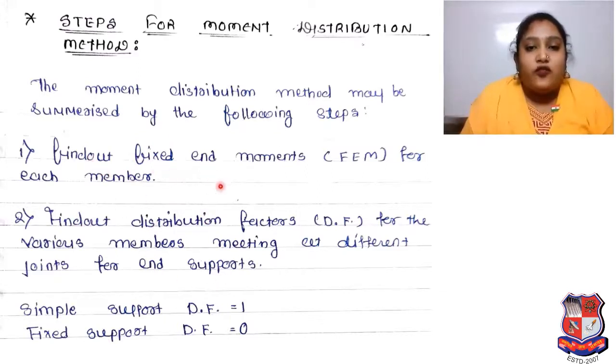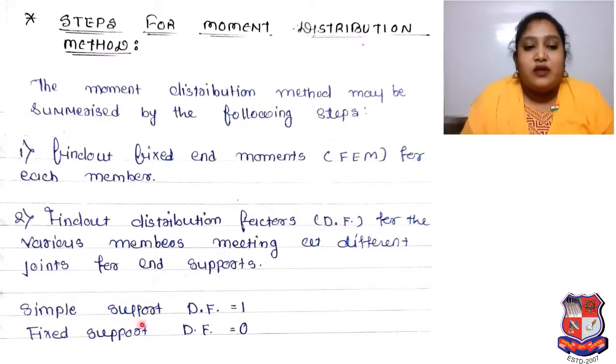First, find out the fixed end moments for each member. If a beam is given, then how many members are there? For all those members we have to find fixed end moments. Second, find out the distribution factor for the various members meeting at different joints, for end supports, whatever we discussed in our previous slides on distribution factor.